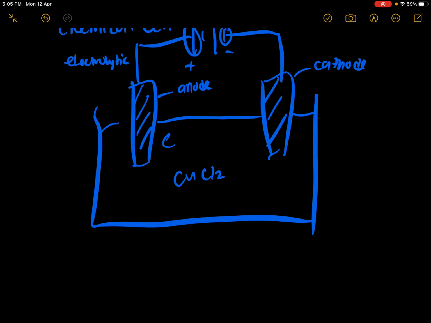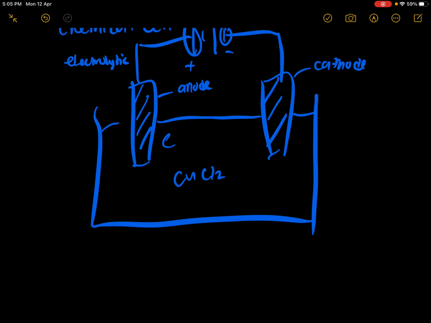Yeah, I believe it should be copper 2 chloride because it's one of the more common questions. Let me double check just in case I used the wrong salt. Copper chloride can be used.